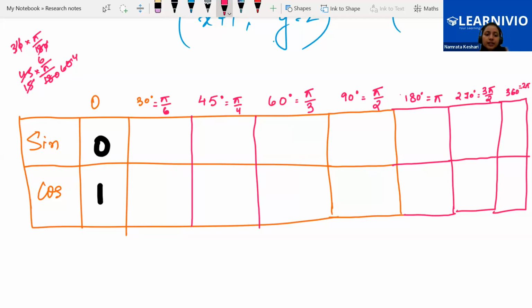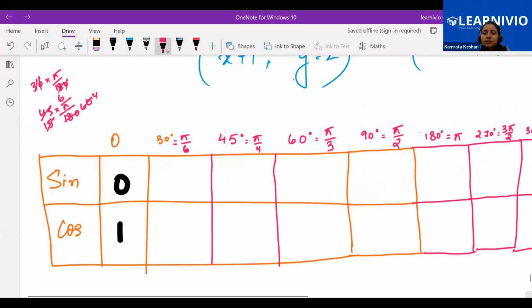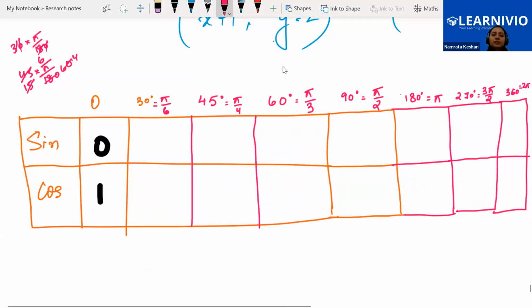Yes, Ali and Alina. Are you there? Yes, ma'am. What is the value of sine 30 degree? Is it 1 by 2? And what about cos 30? Root 3 by 2. Yes. What about pi by 4? 1 by root 2.